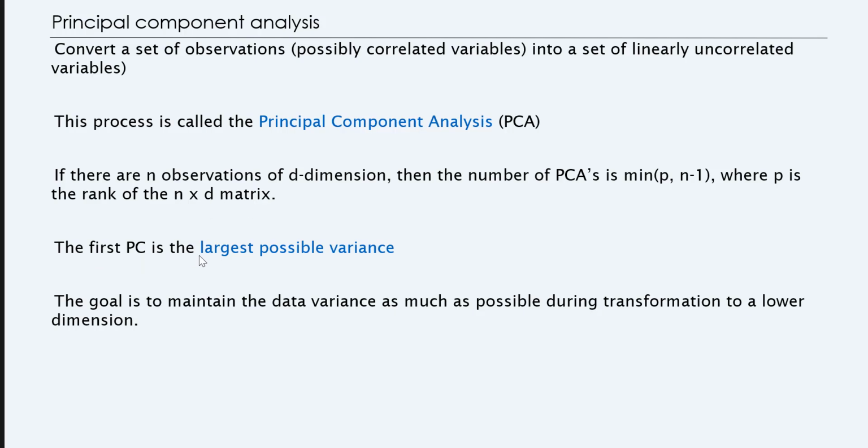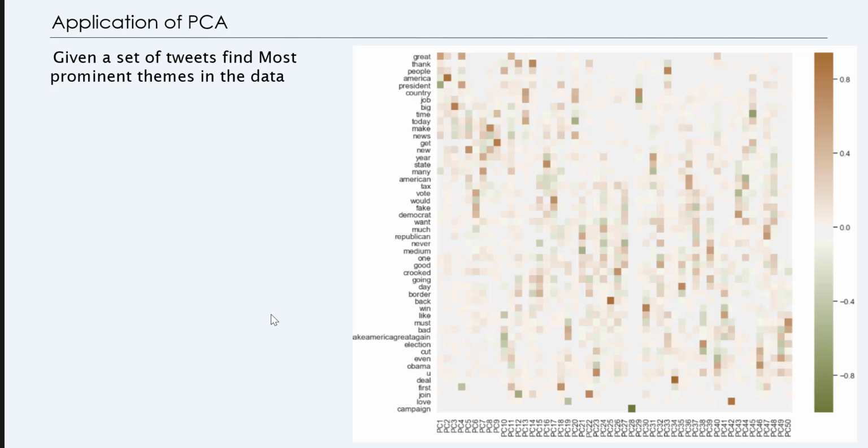The first principal component has the largest possible variance, so that has the most significant thing. Now, if this component is much higher than the others, you can just ignore all the others because there's only one dimension that you need to represent this thing. The goal is to maintain this data variance as much as possible during transformation to a lower dimension.